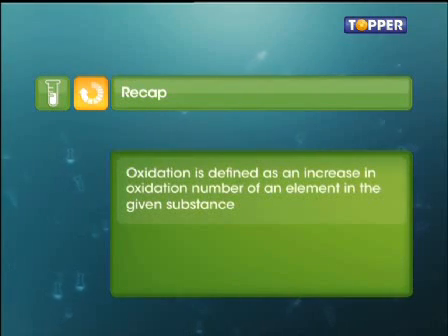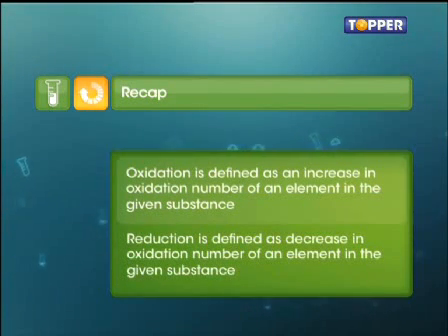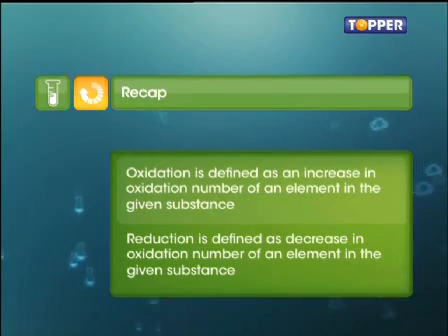We also studied oxidation and reduction in terms of oxidation number. Oxidation is defined as an increase in oxidation number of an element in the given substance. Reduction is defined as decrease in oxidation number of an element in the given substance. Now that we are fortified with the facts, let's move on to Exam Decoded.